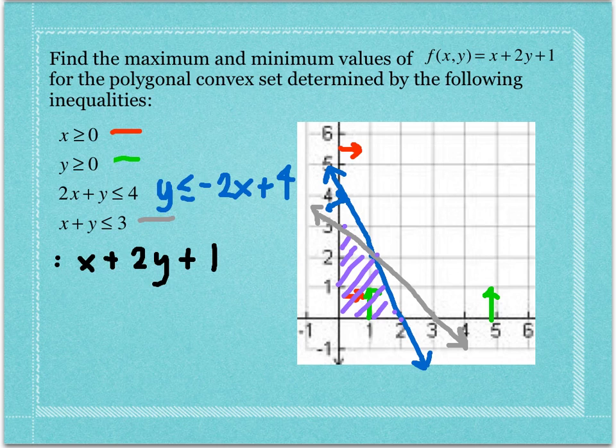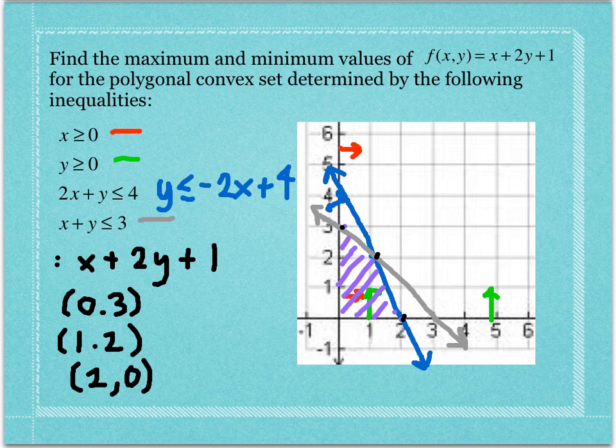The points are this one up here, the point (0, 3), then the one in the middle, the point (1, 2), and then the point in the corner, which is (2, 0). Technically, I'm also going to check the point (0, 0), way down here.